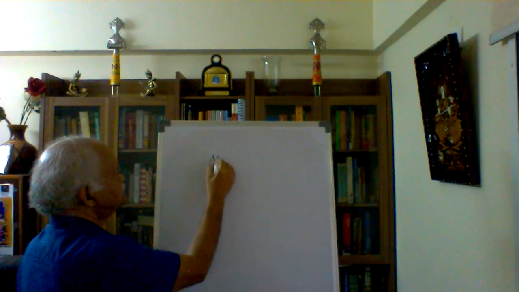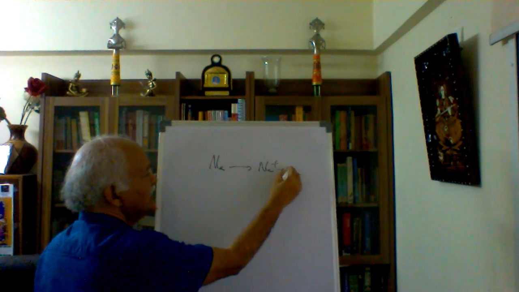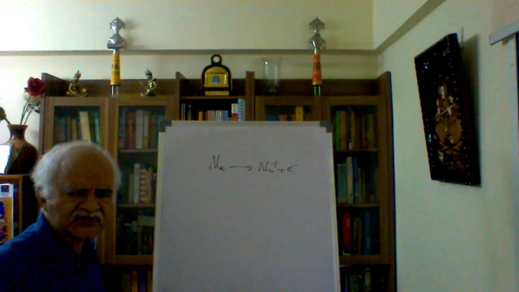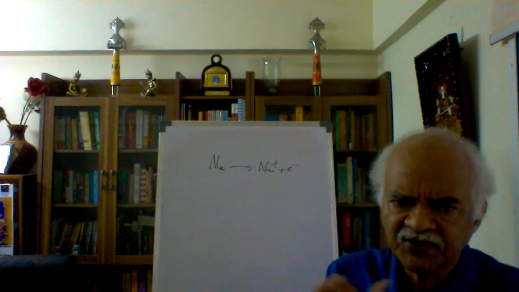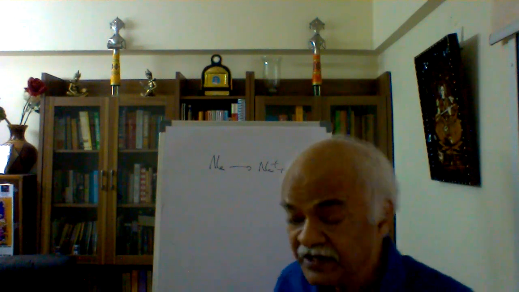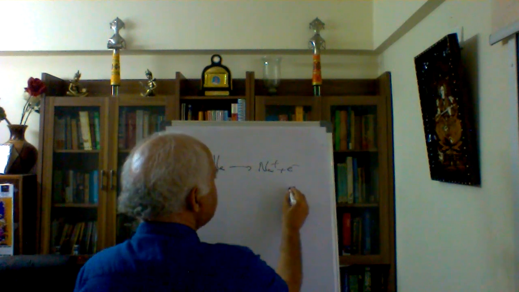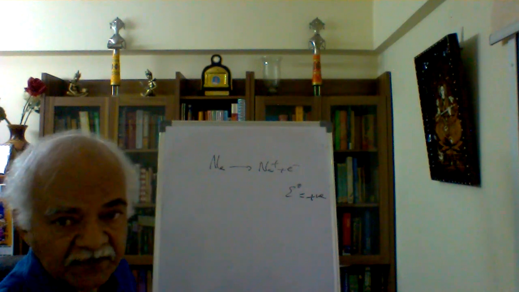I am imagining I am taking sodium. Sodium is known to undergo this reaction quite fluently, sodium losing electron. It is the behavior of sodium. That means there is a slope for the electron to move away from sodium. Electron is lost. Therefore, that potential must be positive, is it not? The E naught must be positive. Some positive number of volts must come here.